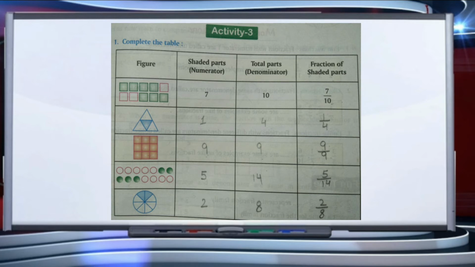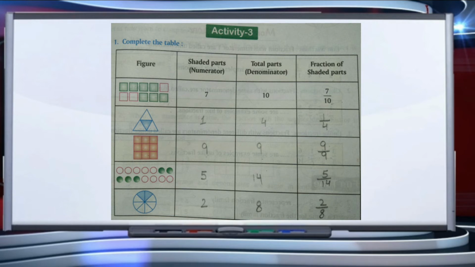Next we are having 9 square boxes, and 9 are colored. So total shaded part is 9, that is numerator, and total parts is also 9. That means numerator is 9 and denominator is also 9. So the fraction will become 9 by 9.